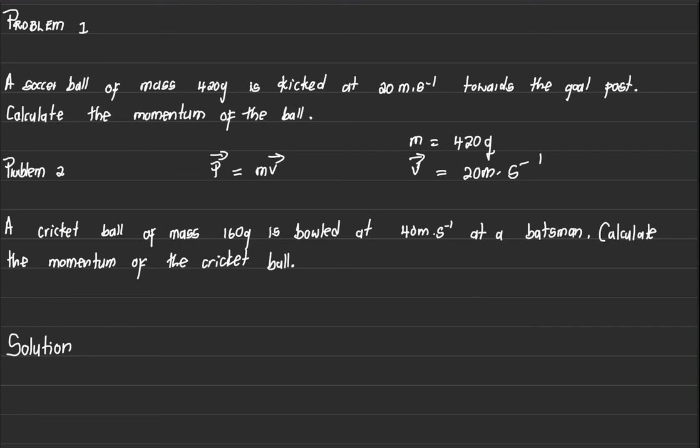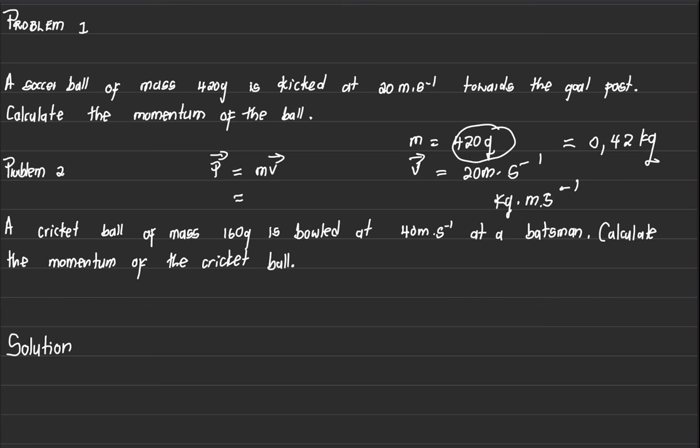The unit in which our mass is given is grams, but because the SI unit of momentum is kilogram meters per second, we have to convert this 420 into kilograms. To convert that into kilograms, you just have to divide it by 1,000, so 420 divided by 1,000 gives you 0.42 kilograms.